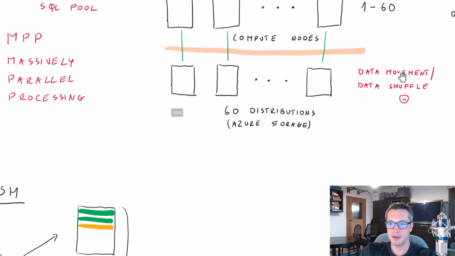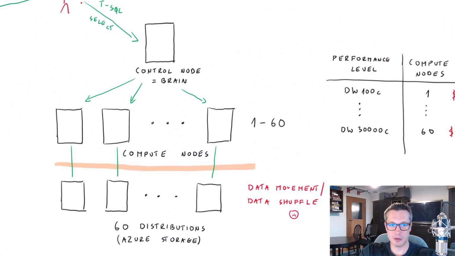So if we send this query to our control node, it will split it to multiple compute nodes, and ideally every compute node would have a task like, please calculate this aggregated sales amount for customer 1, 3, and 7 for the first one. The second one would do the same, but for customer 2 and 8. The next one for customer 10 and 12, and so on.